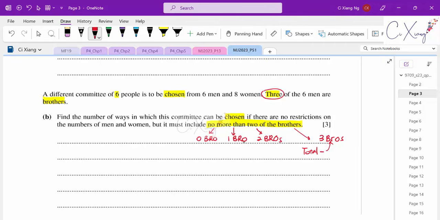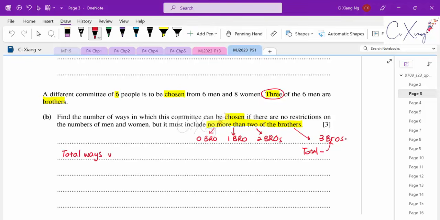The first is to consider these 3 possible cases. Or you can consider the case where you include all the 3 brothers in the committee, then you take total minus the 3 brothers. First of all, I will calculate the total of combinations, the total ways.